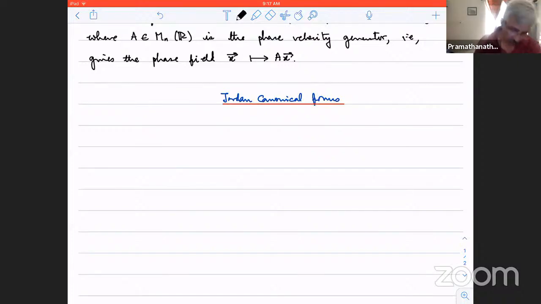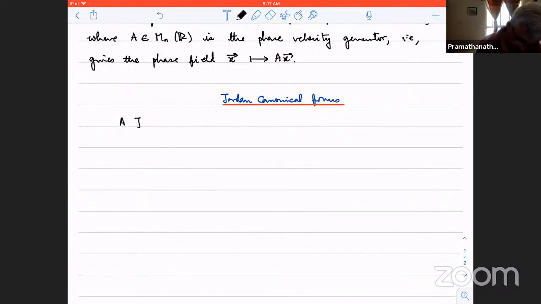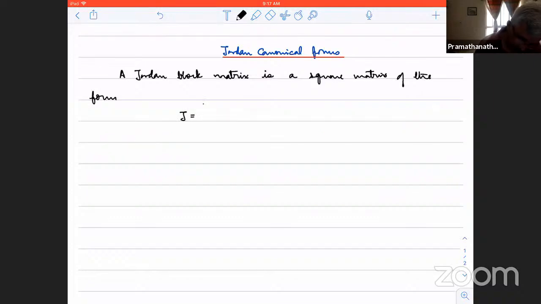So a Jordan block matrix is a square matrix of the form J equal to: on the diagonal it's all lambda, and on the off-diagonal terms it's 1.